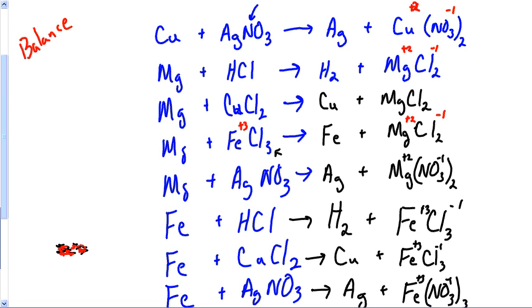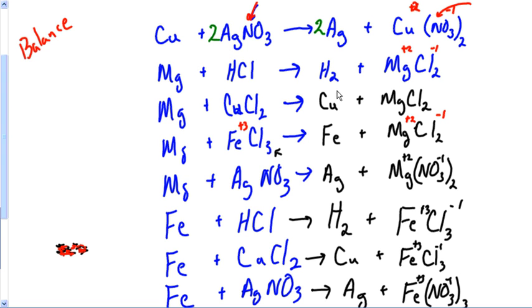But here, I've got two N's on the right side, but only one N on the left side. So if I put a 2 here, that gives me 2 silvers, so I need a 2 right here to balance out the silver. Now I have two N's, 6 O's and 6 O's. This was a balanced equation.